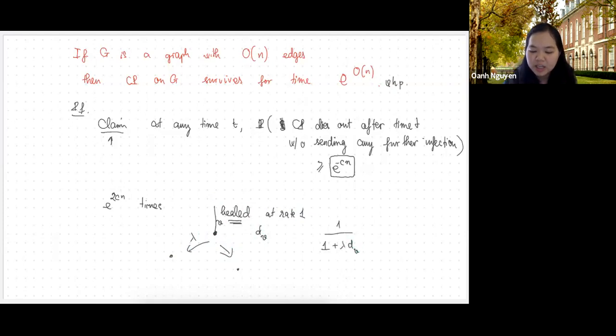Now, what is the chance that all these vertices are healed before sending any infection? It's the product, because they're all independent. So it's the product over V of 1 over 1 plus lambda dV, and that is about the product of 1 over dV, if we forget all the constants, which is greater than, by Cauchy-Schwarz, the sum of dV over n to the power n, which is greater than e to the minus cn.